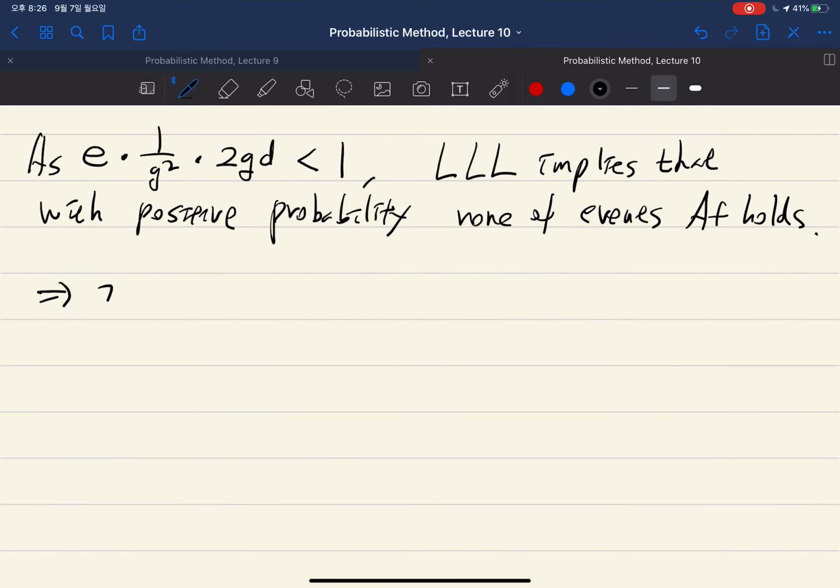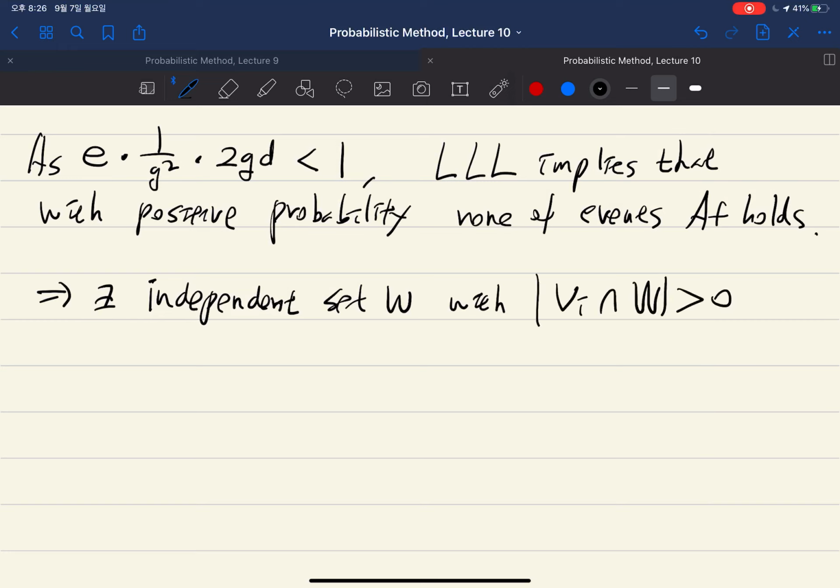This means there exists an independent set W which intersects all VI. This completes the proof.